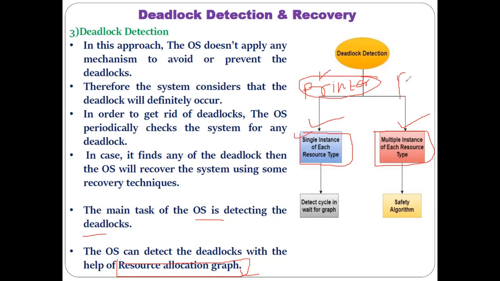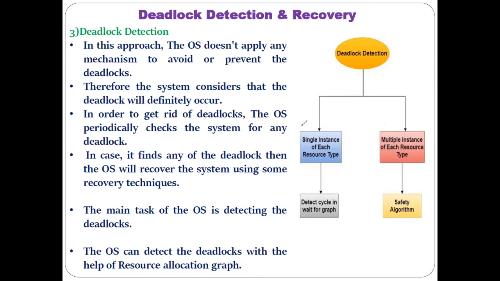And if 10 printers are available, then it means multiple instances of each resource type.